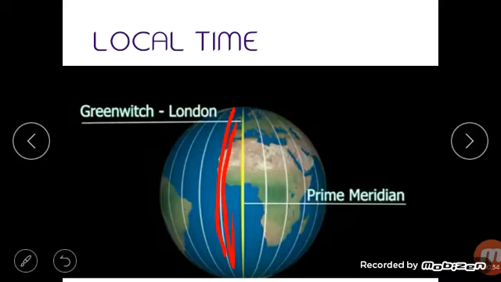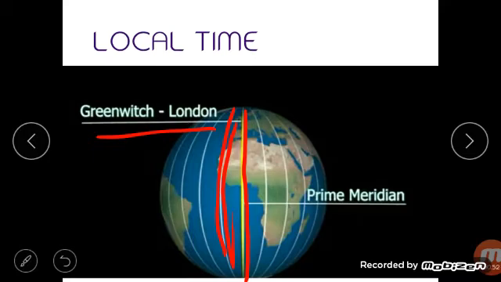The local time of the prime meridian is called Greenwich Mean Time. This is the prime meridian, and here is Greenwich, London. So the local time of the prime meridian is called Greenwich Mean Time, or GMT.